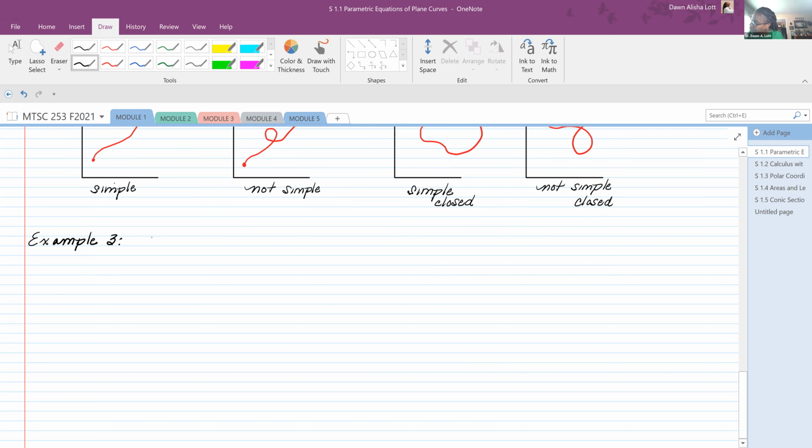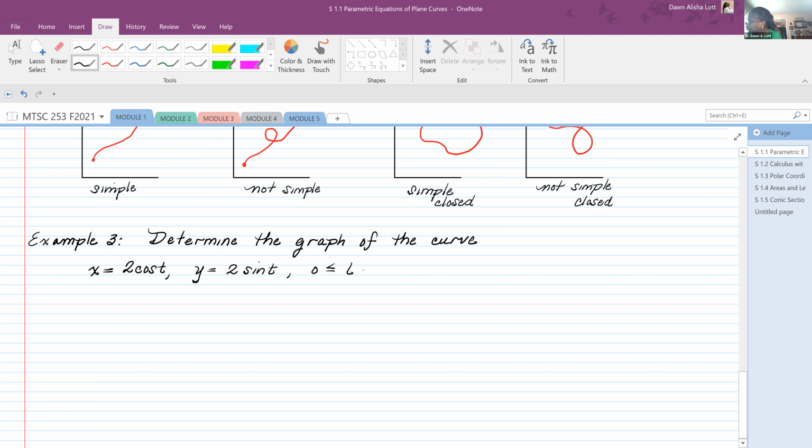All right, determine the graph of the curve x equals 2 cosine t, y equals 2 sine t, 0 less than or equal to t less than or equal to 2 pi.